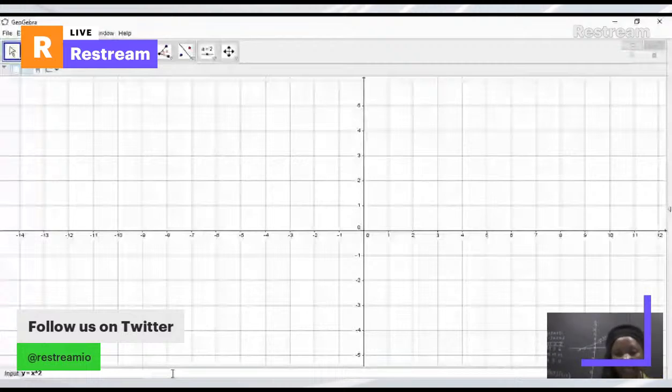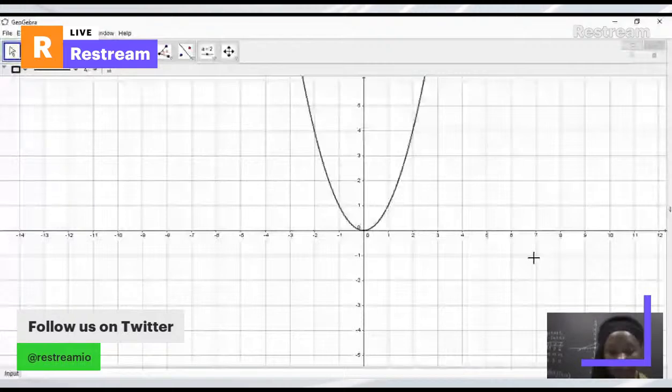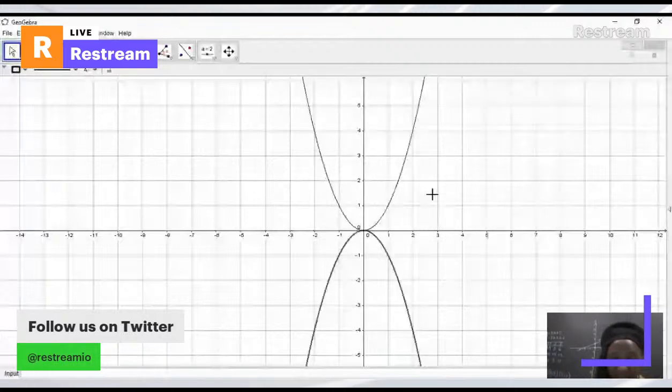Remember, a curve is a line, a curved line. And then y equals negative x squared. Look at those, they go on to infinity. They get bigger and bigger in both directions. See that? Infinite.